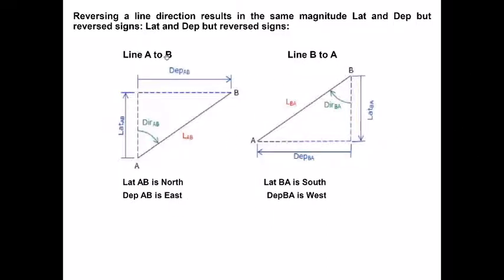So the same line AB, which had a positive latitude and a positive departure, if you reverse the line, you get a negative latitude and negative departure because now the north quadrant becomes the south and east becomes the west. So by reversing it, the value remains the same, but the signs are reversed because the quadrants are reversed. So you just have to pick one direction of survey and stick with it for your entire work.